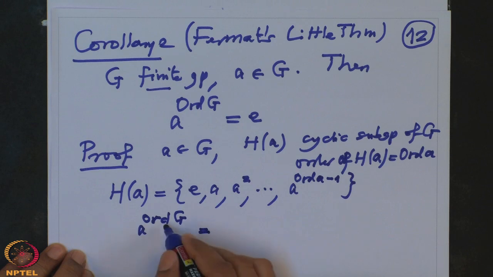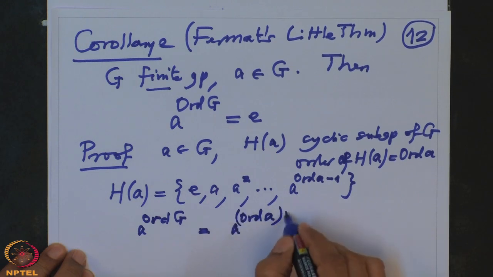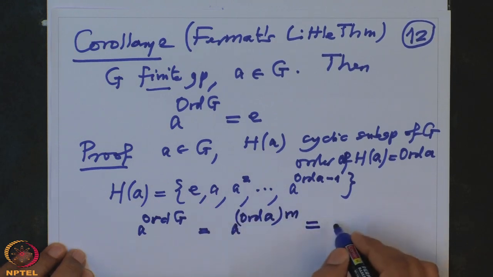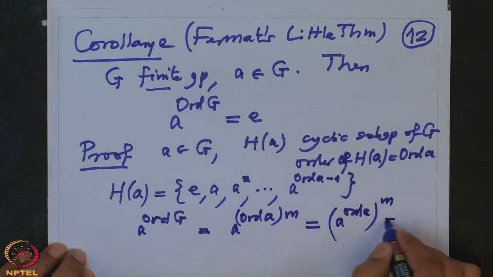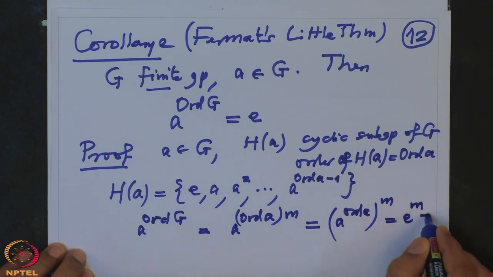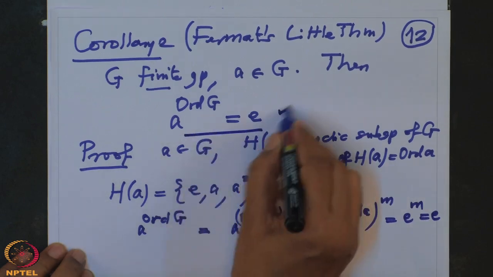But the order of A divides the order of G, so A to the power order of G is A to the power order of A times some integer m. But A to the power order of A is already identity, so it is E to the power m, which is E. So we have proved A to the power order of G is identity.